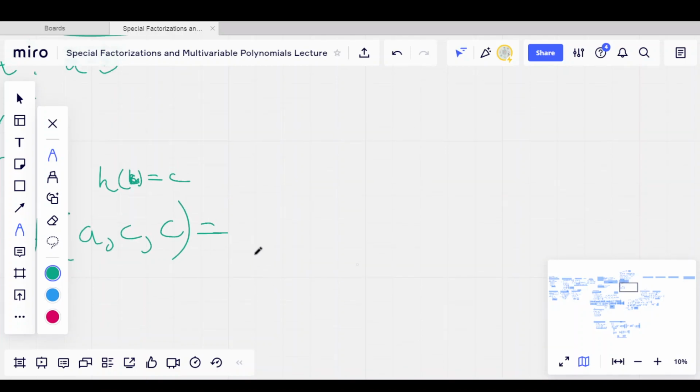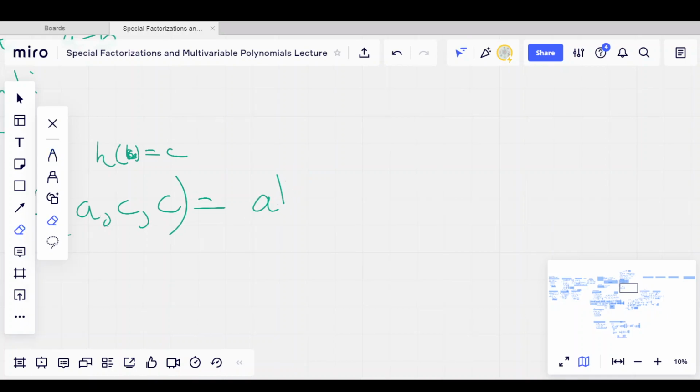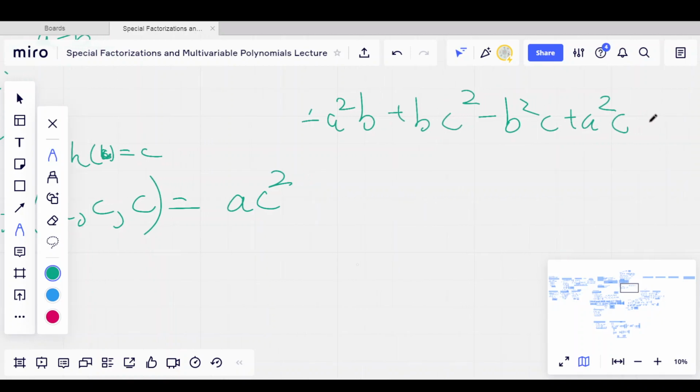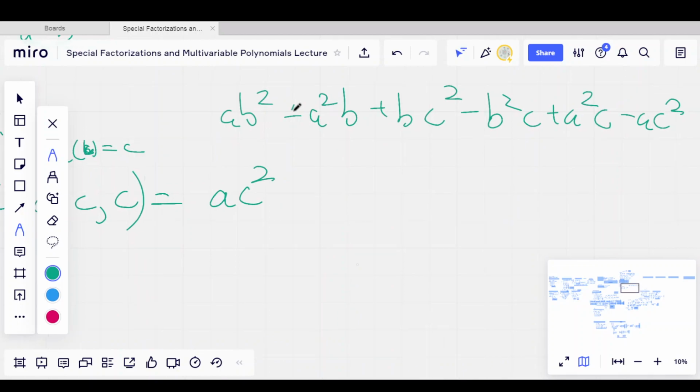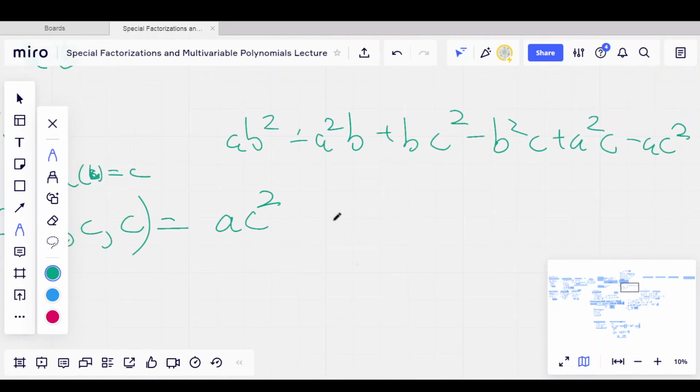So f of a, c, c, we get. Hold on. So ab squared, right? We have this ab squared. It's in terms of a and b. So we have ac squared. I'll write the polynomial here. C squared and then ab squared. Okay, so I'll do this one and then I'll just say the third root.